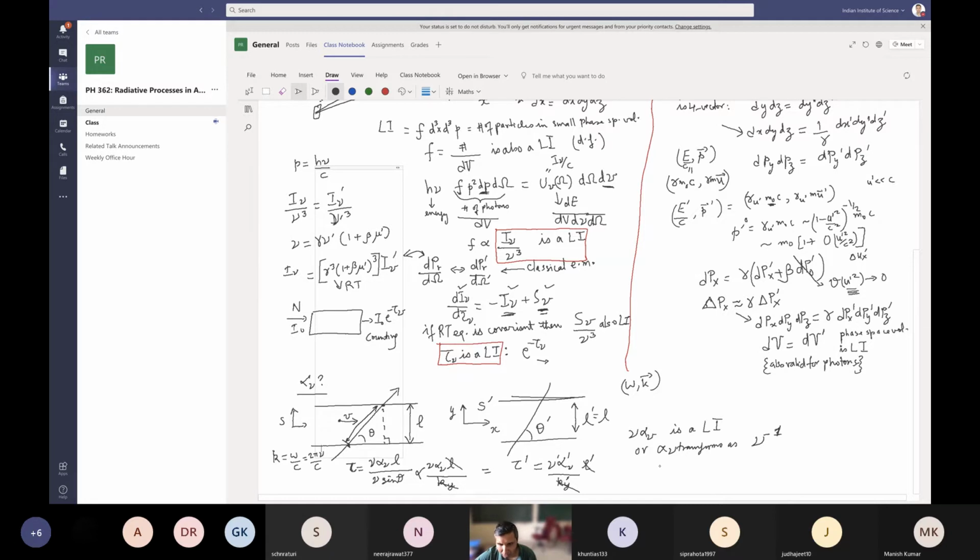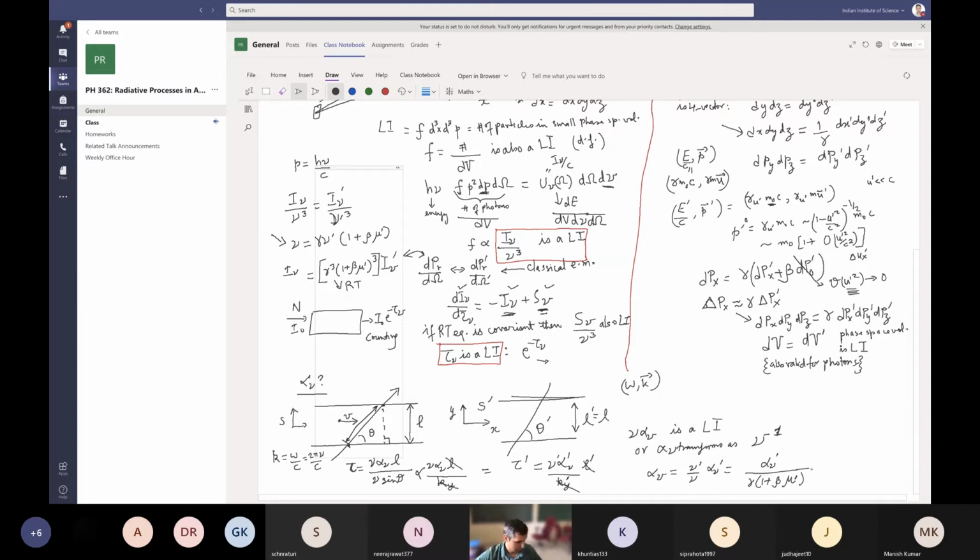So alpha nu is equal to nu prime by nu alpha nu prime, which from here, nu prime by nu is equal to alpha nu prime divided by gamma times 1 plus beta mu prime.